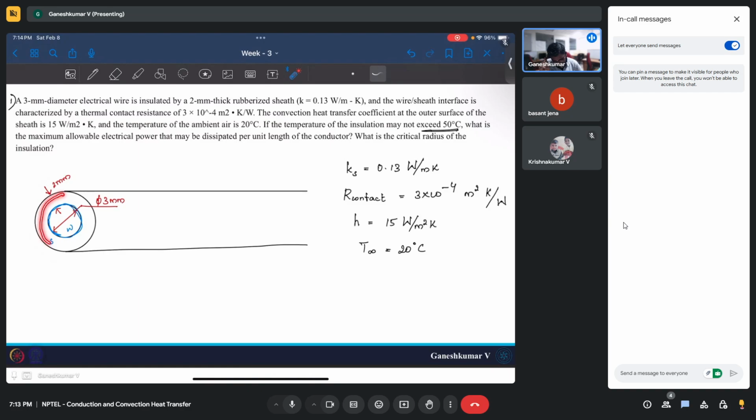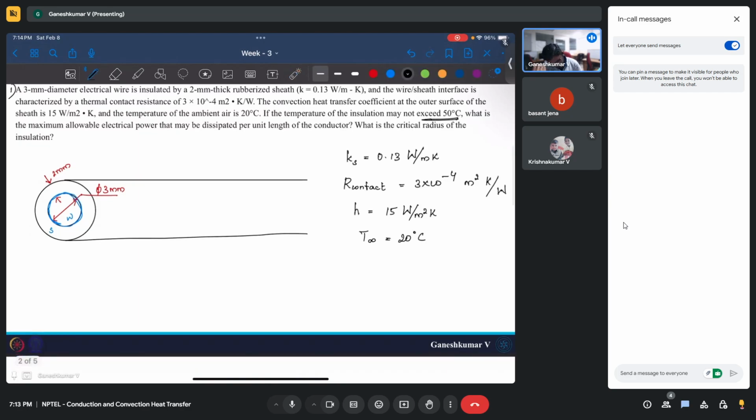So this is your insulation. In the insulation, where you can have maximum 50 degrees Celsius is where you have the heat entering, right? So the inner surface of the sheath, as you rightly said, can have maximum 50 degrees Celsius. So let's call this Ts. So Ts is 50 degrees Celsius.